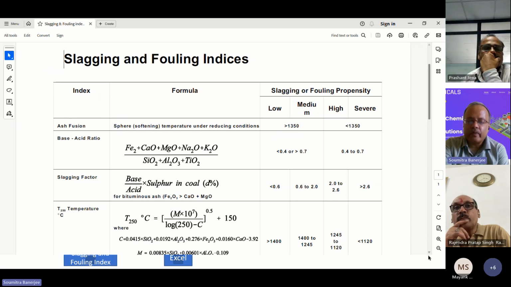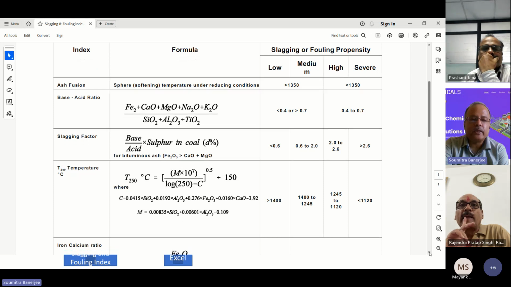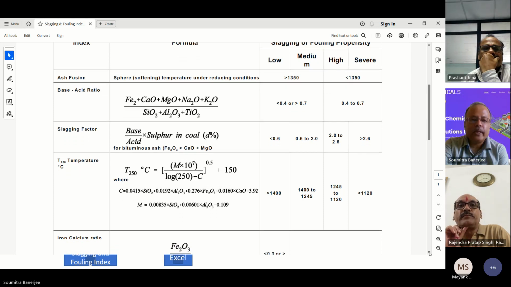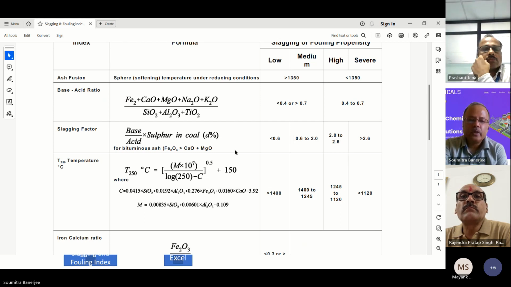Similarly, slagging factor is base to acid ratio into sulfur in coal. If it is less than 0.6, it is low. 0.6 to 0.2, it is medium. 0.2 to 2.6, it is high. Above 2.6 is severe.